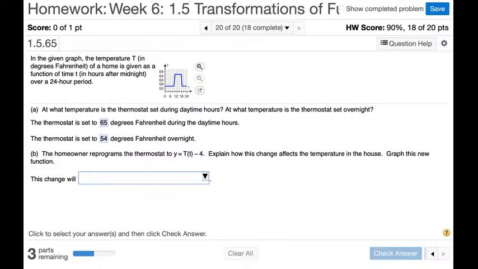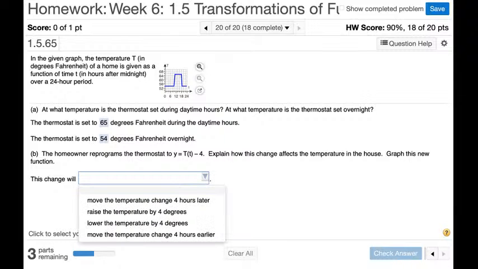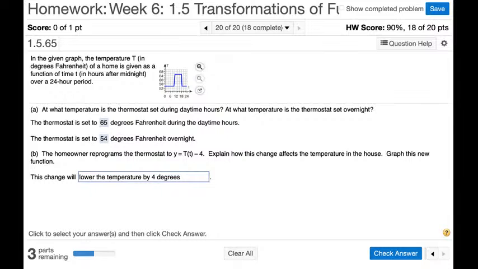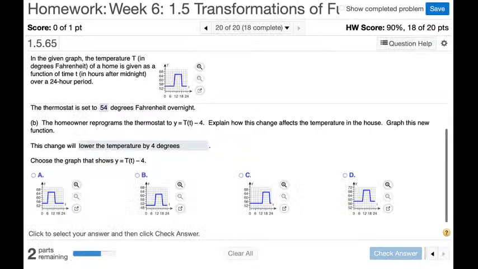So the change will lower the temperature by 4 degrees. I think this is the only one that was lowered by 4.